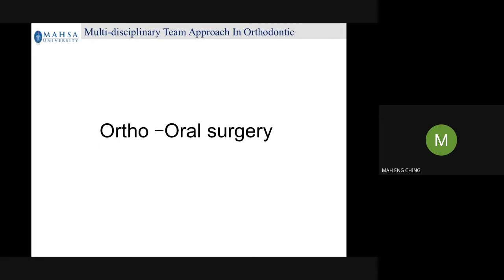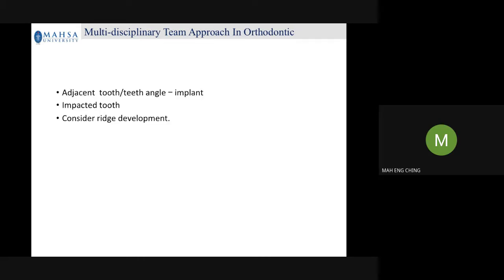Then we need to do the exposure plus the gold chain or attachment so we can drag it out with braces. We are also talking about the adjacent tooth which is at a crooked angle. Sometimes you can upright it, then the oral surgeon can do the implant better. Or sometimes we can consider ridge development, like I showed you in the picture just now.